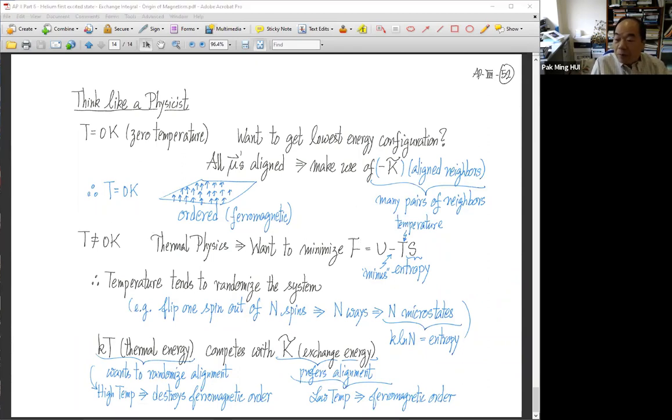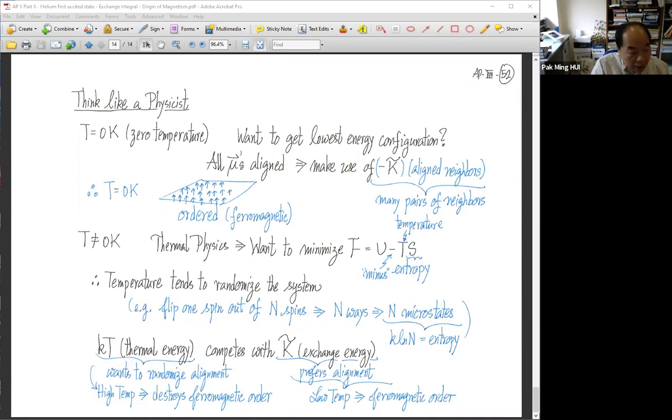I think from primary school, you know something about that. You take a piece of magnet, you bring it close to a fire or heat it up, okay? Then, as the temperature goes up, the magnet will lose its magnetic properties. It becomes non-magnetic. So temperature is an effect, right?